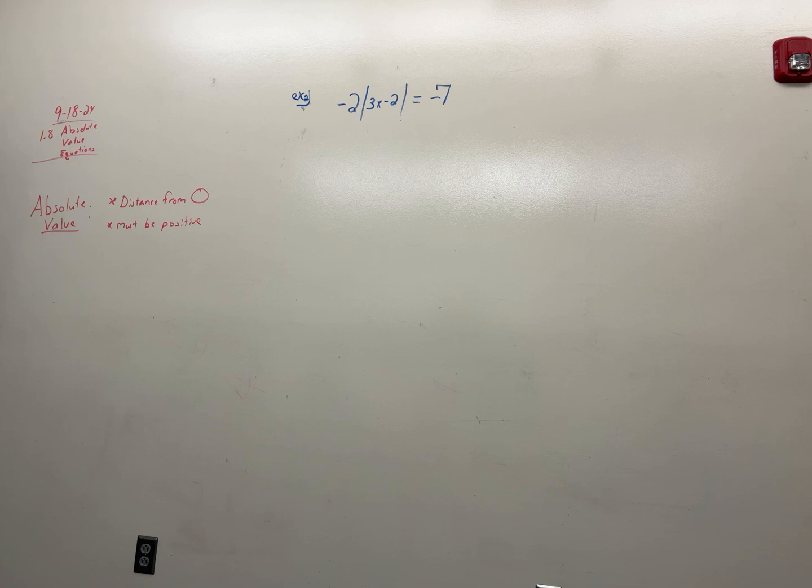You don't distribute, we're not doing anything inside of it. So it's -2 times that x. So look at the previous example. What do we do to get rid of that negative or that number right next to the grouping symbol? Divide it. Okay. So you would divide.